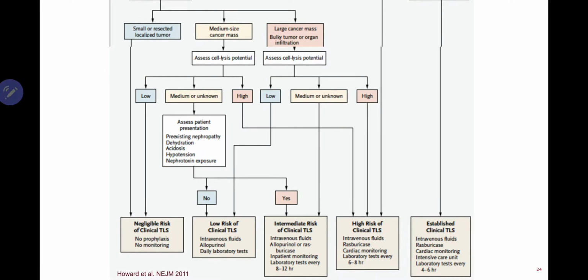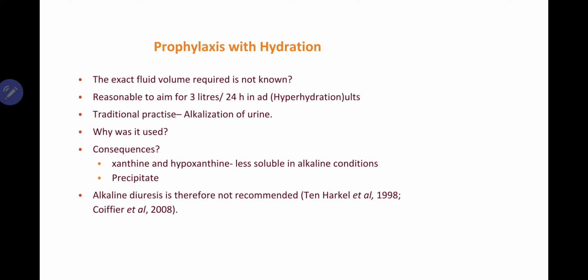So prophylaxis with hydration should be remembered. Prophylaxis with allopurinol and prophylaxis with rasburicase must be remembered. So with hydration, we'll see. Our aim is to hydrate the patient with hyperhydration, that is 3 liters per 24 hours according to the body surface area.